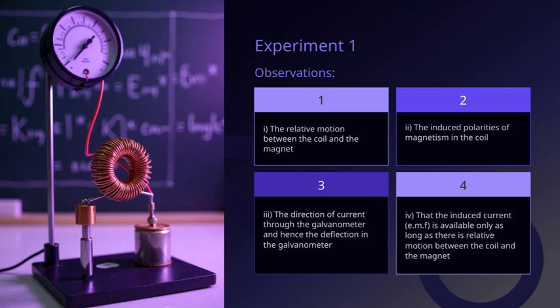Without this motion, no current is induced, highlighting the fundamental principle behind electromagnetic induction. Throughout this experiment, these observations reinforce the core idea that changing magnetic flux through a coil produces an induced current, but only when motion is involved. It's this dynamic interaction that drives the whole process.